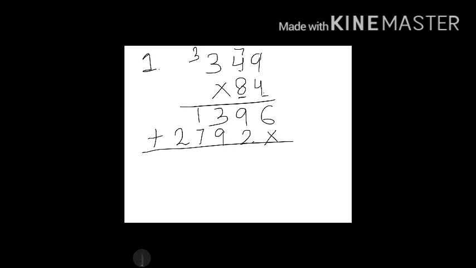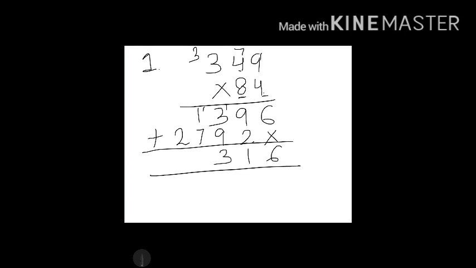Now I have to add these two lines here like this. 6 added to nothing here, so I will write 6 here. 9 plus 2 is 11, so I will write 1 and 1 will be the carryover over here. 3 plus 1 is 4 and 4 plus 9 is 13.